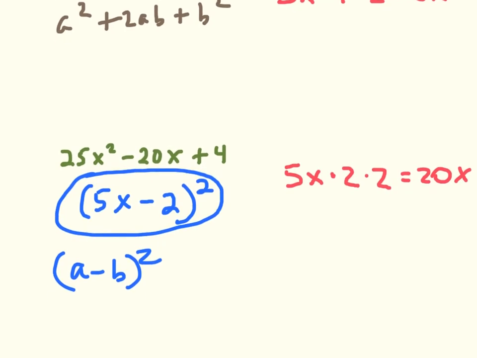So that would be a squared minus 2ab plus b squared. And if you did that to check this by following this pattern, you would end up with this, and you know the factoring is correct.